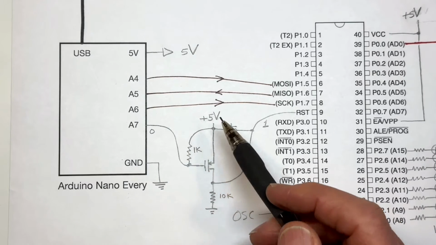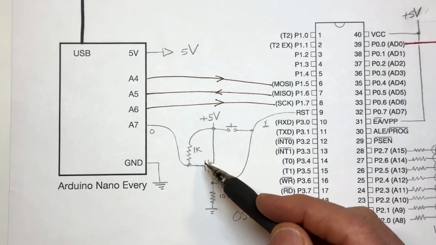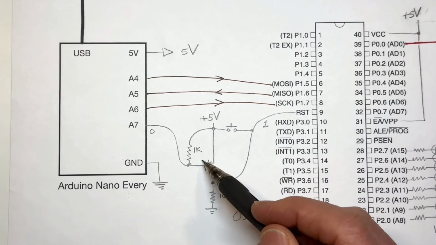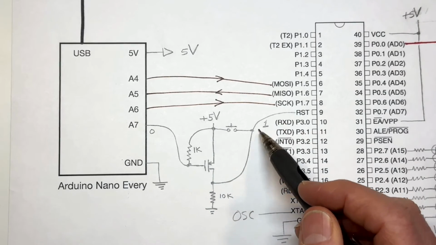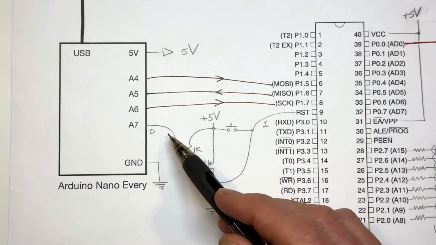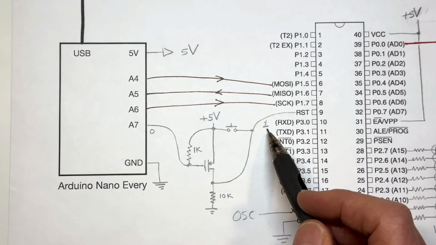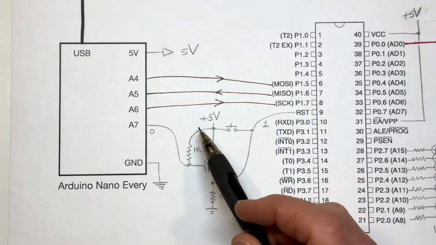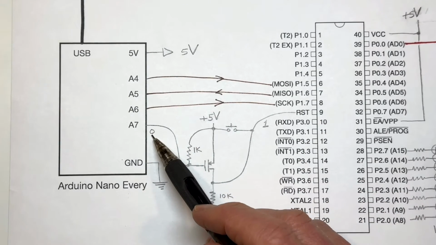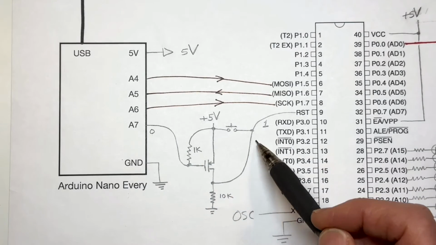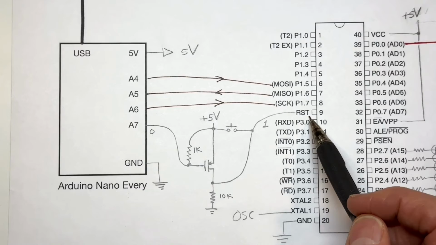Okay, so when we write a 0, that will essentially close this switch here and pull the reset line to high, to 5 volts. So it's kind of a negation here. We write a 0 and we get a 1 on the reset line. And when we're ready to execute, we write a 1, and that will turn this off, and then this thing will be pulled low to ground, and execution will begin.